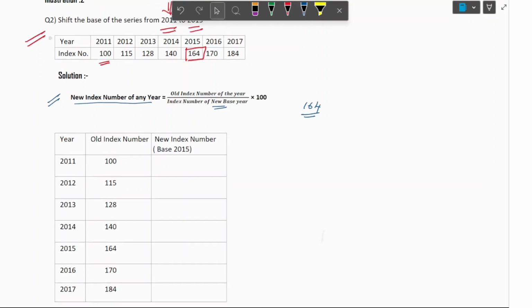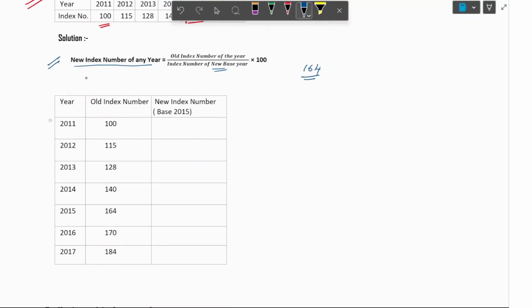Now, the same way, you construct the table with 3 columns: year, old index number. From the question you have copied these values. Then you write new index number with the base 2015. Therefore, here you are going to calculate the values. That is, first is 100, the given old index number, divided by 164.